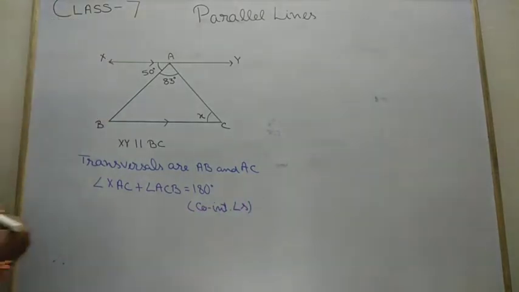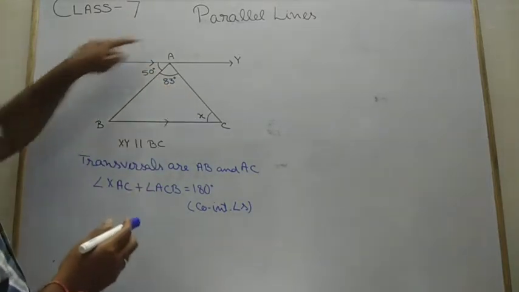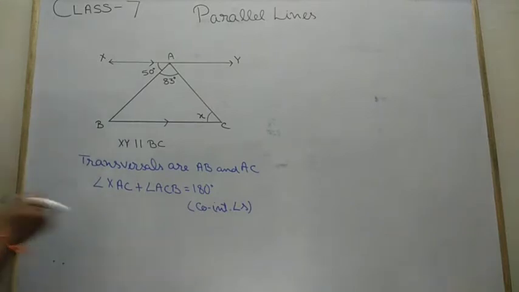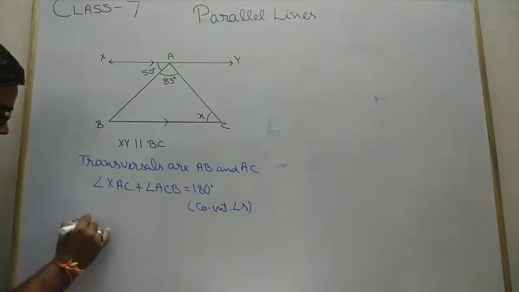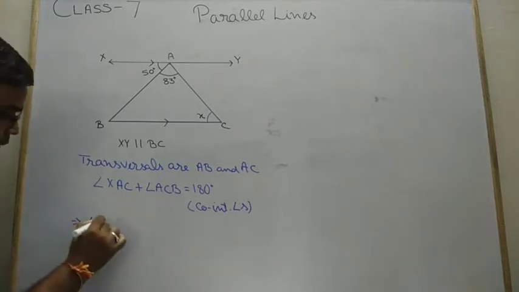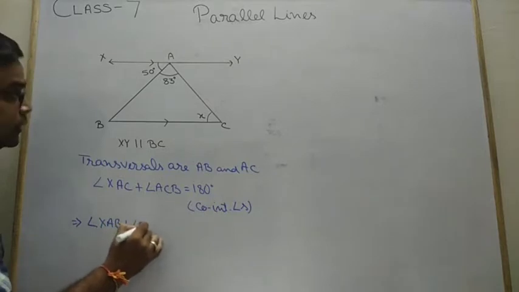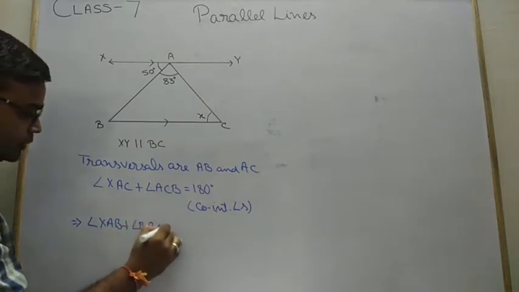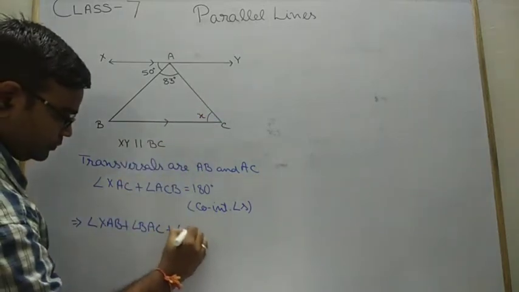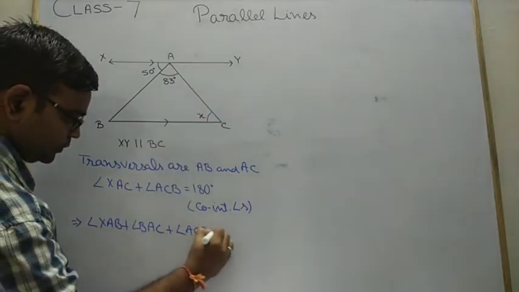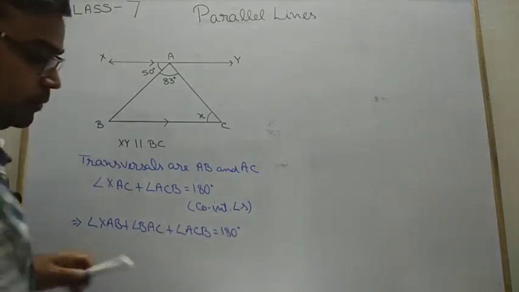But we can say that angle XAC equals angle XAB plus angle BAC, plus angle ACB, equals 180 degrees.